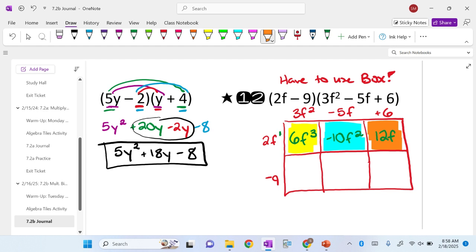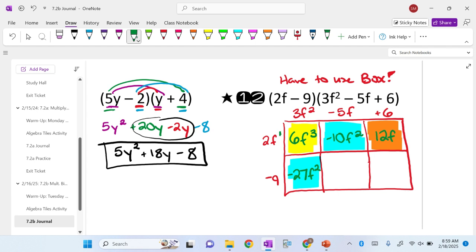What about this box? Actually, so 3f squared times negative 9. All right, what would that give you? Good, negative 27f squared.